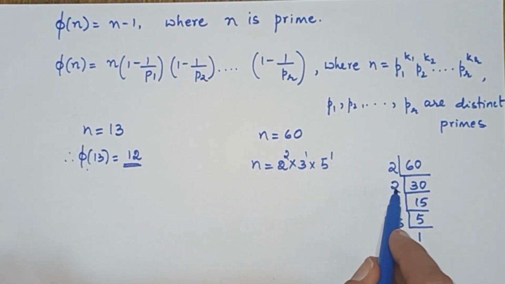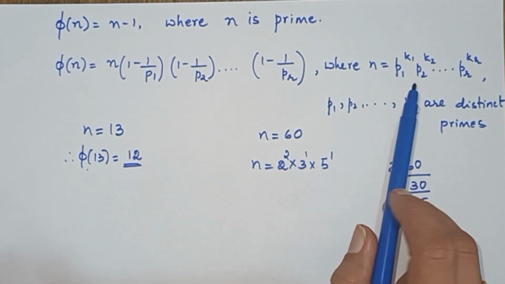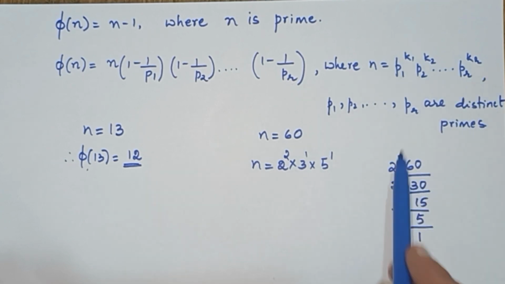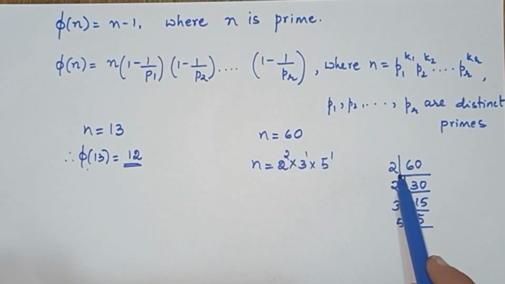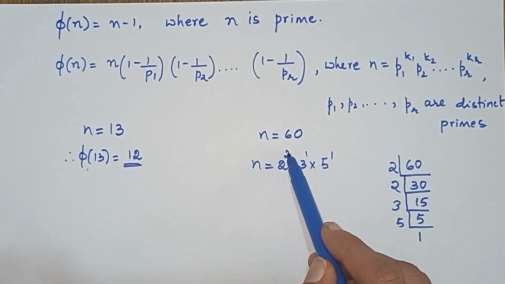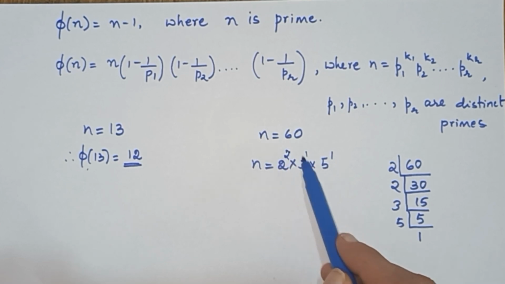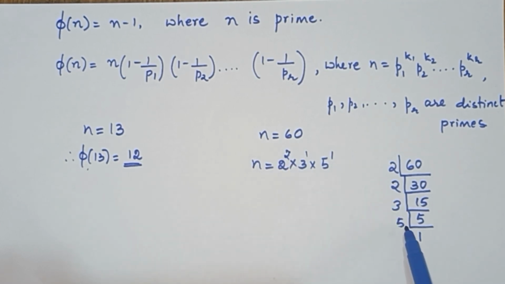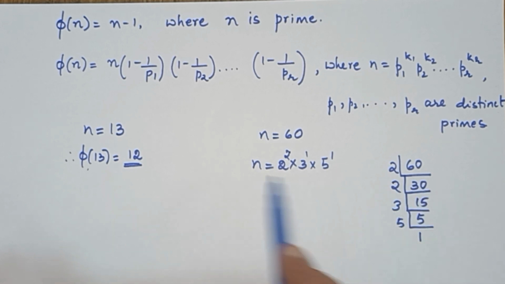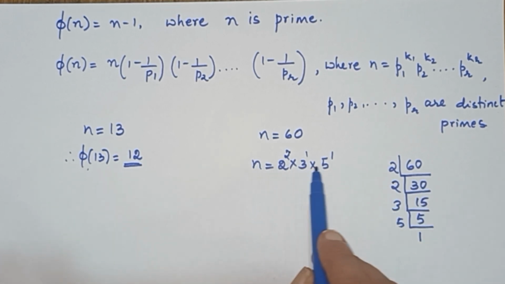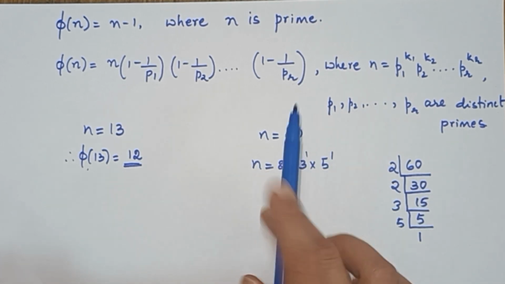Don't write 2 into 2 into 3 into 5, because each prime should be distinct. If there are repeated primes, then you have to write them with an index. So this is the prime factorization of the given positive integer 60.